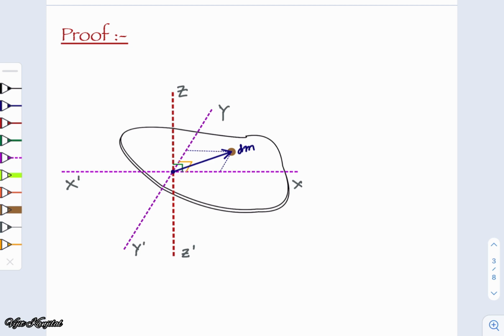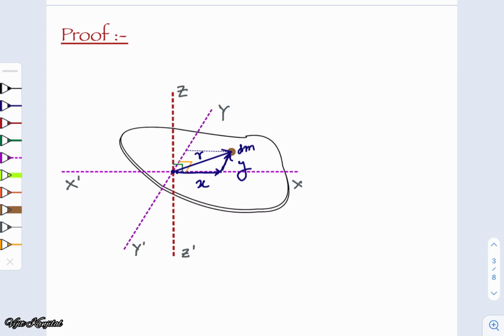So let us assume that in this lamina we consider an elemental mass dm. Now this dm is located at a radial distance r from the point of intersection of all three axes. Now let's say that the component of r along the x axis is x and the component of r along the y dash axis is y.